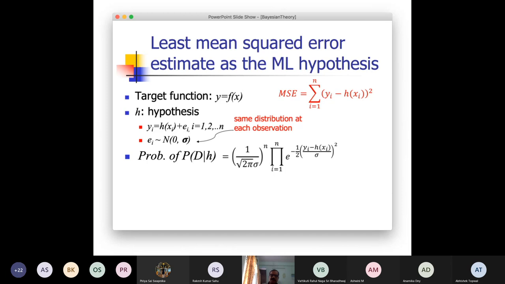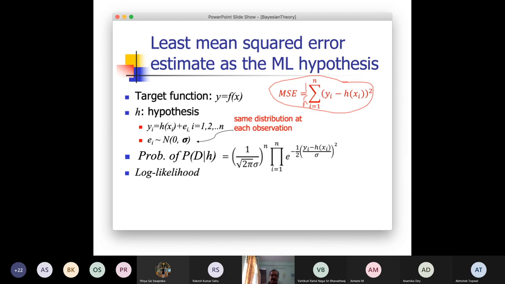Maximization means that problem is equivalent to minimization of the squared error terms, what has been shown in red. It is basically mean squared error, so it should be divided by 1 by n in that sense. Otherwise, it is the sum of squared error that you are minimizing.